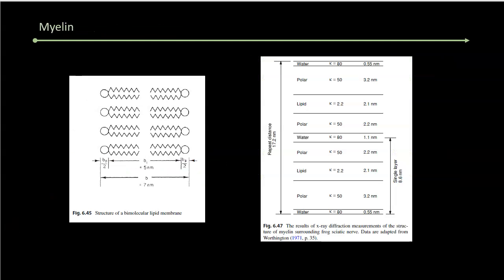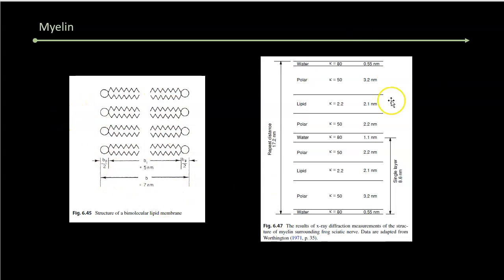And if you look at myelin, it's these lipids that are back to back, if you will. So if you look at the layers, there's water, polar, lipid, polar, water, polar, lipid, polar, water.